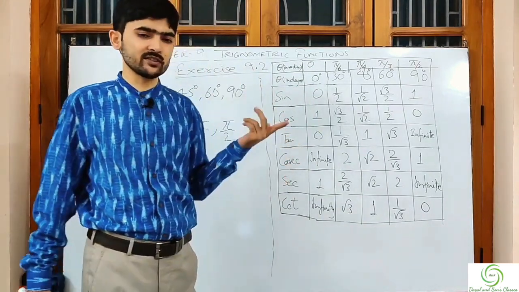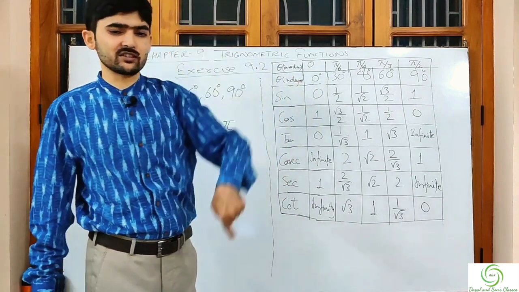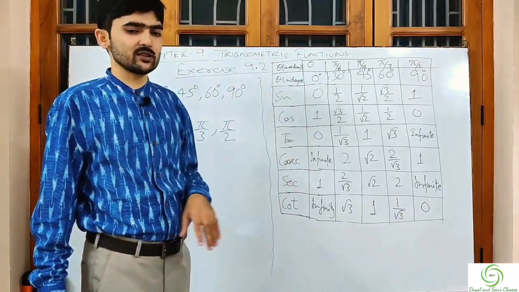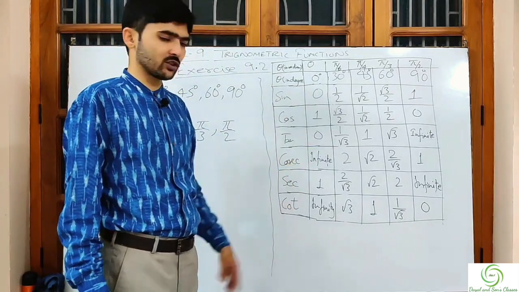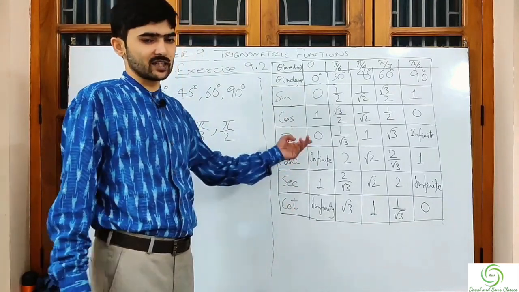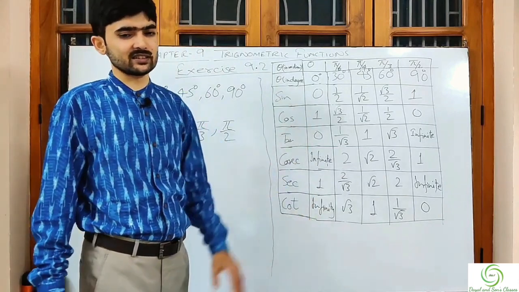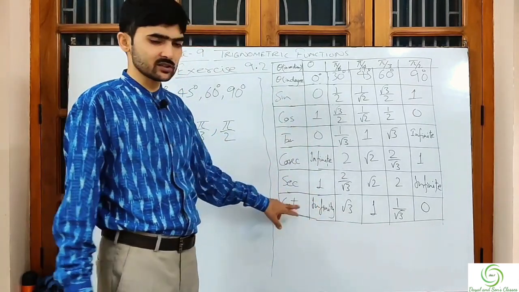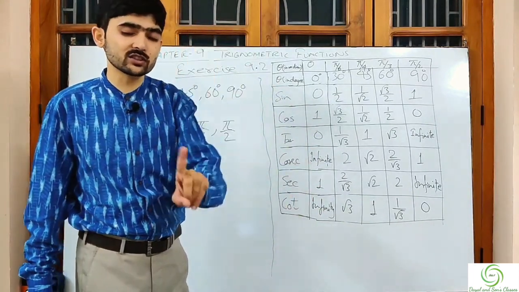Similarly for cosec, if you know the sine value, you just inverse it, you will get the cosec value. For sec, you inverse the cos value. And for cot, you have calculated tan, just reverse the tan, or cot theta is also equal to cos theta upon sin theta.